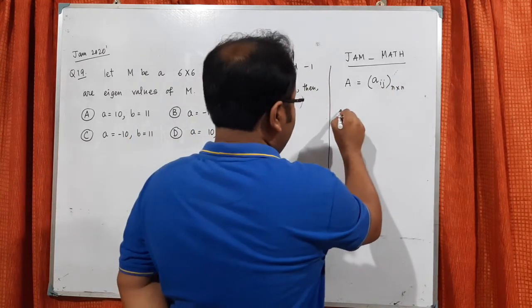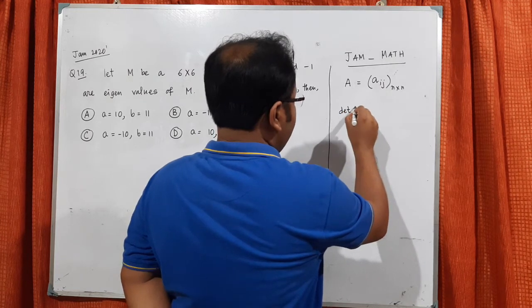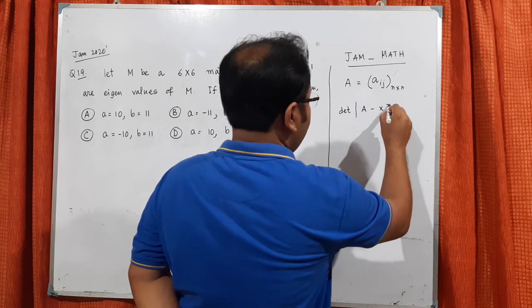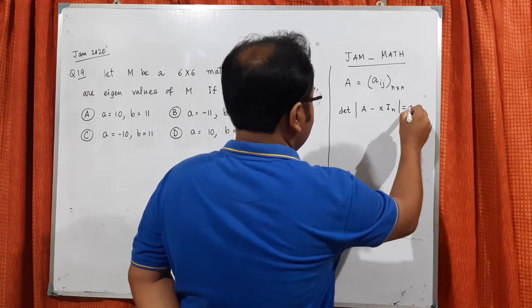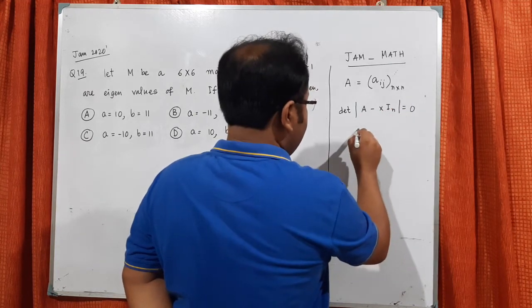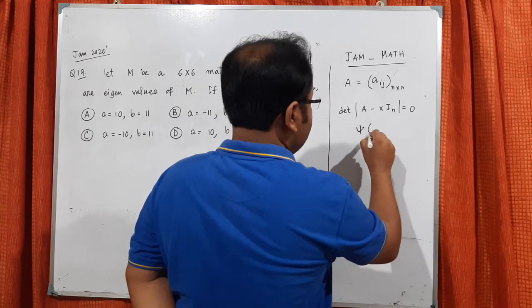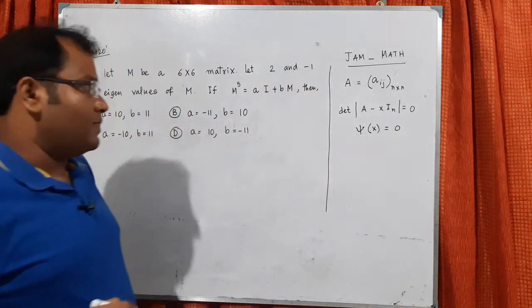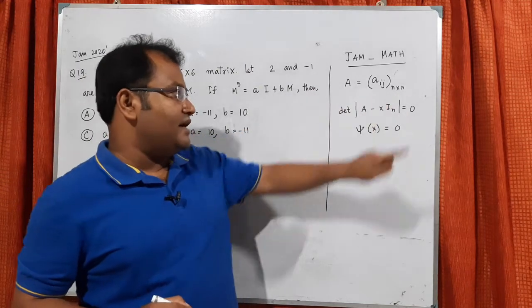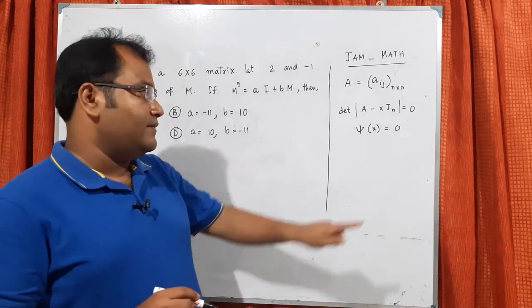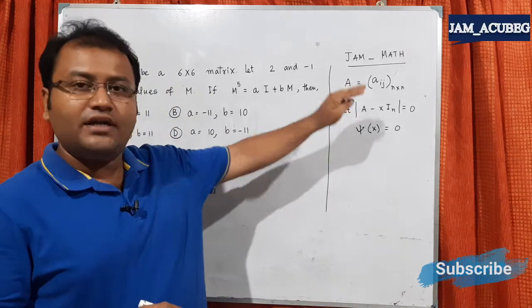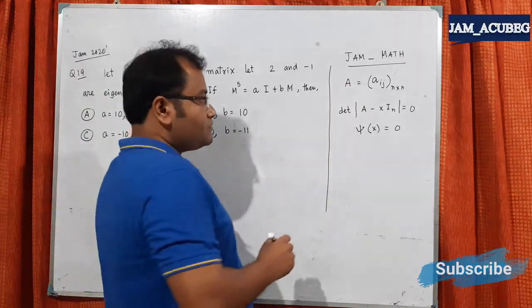Then if I find the determinant of A minus xI_n, that will give you the characteristic equation, psi of x equals 0. If it is an n by n matrix, you can expect that psi of x is a polynomial of order n, or degree n.